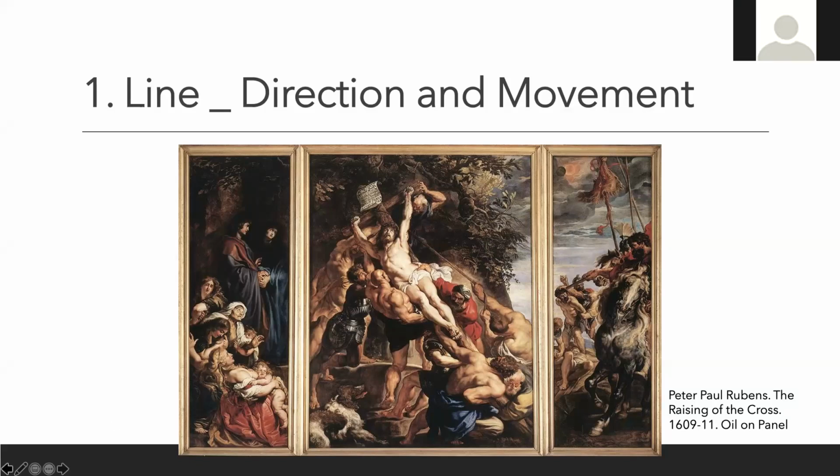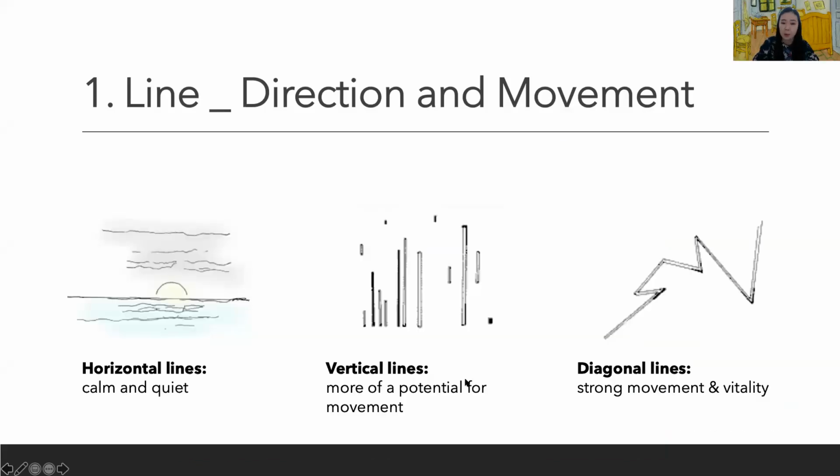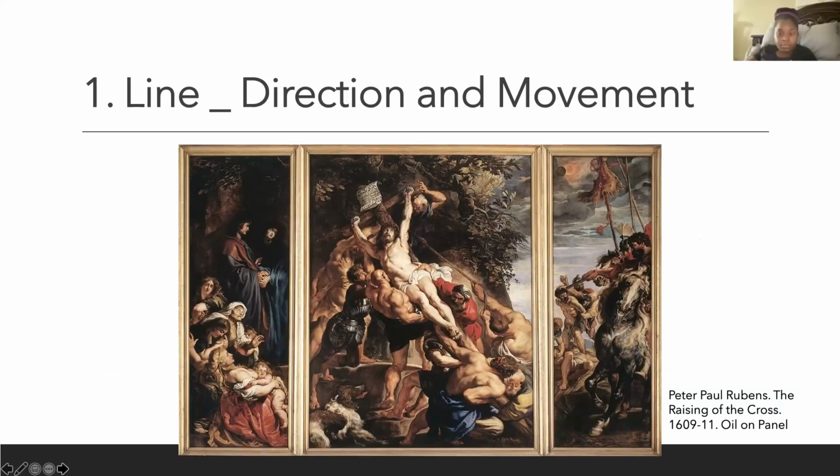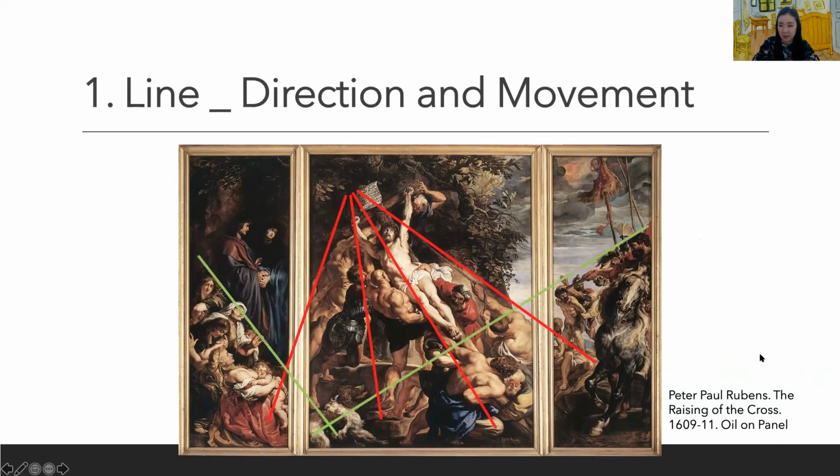Is it defined lines? No. So can you choose one of these: horizontal, vertical, or diagonal? Diagonal, because it shows a strong movement like this. So this painting shows diagonal lines to show the strong movement.